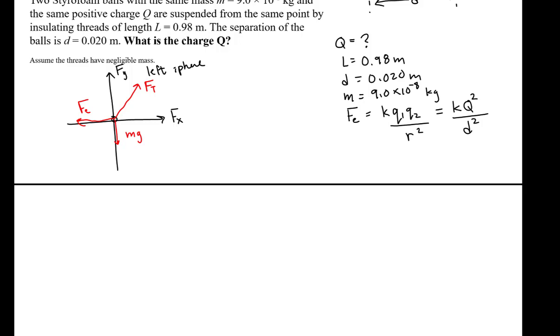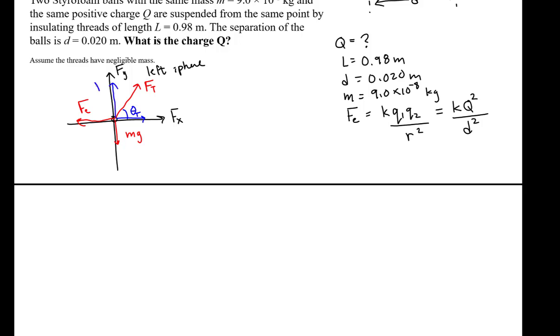In order to do that, I'm going to need to break up my tension force into its components. So I will just call this angle theta. Maybe I'll call it theta t to associate it with the tension. That angle theta has an x component, and that force of tension has a y component.